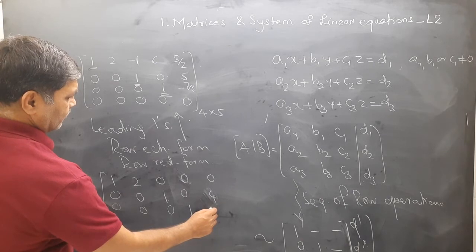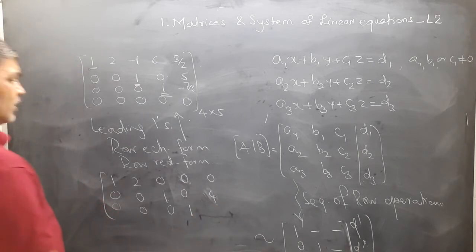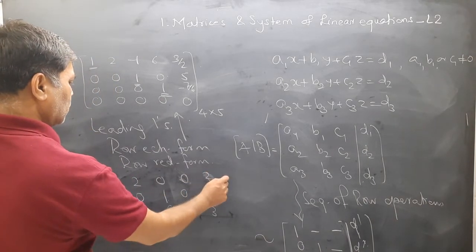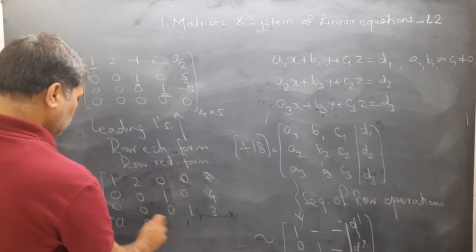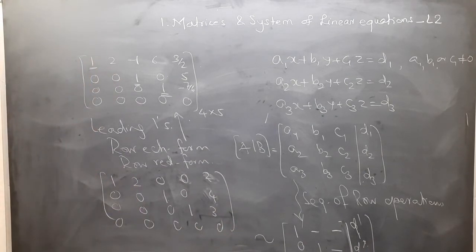Here some columns do not contain leading ones, so 3, 2 doesn't matter, 0, 0, 0, 3.